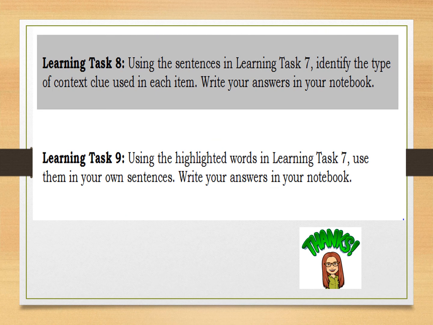Using the sentences in learning task 7, identify the type of context clue used in each item. Write your answers in your notebook. And for learning task number 9, using the highlighted words in learning task 7, use them in your own sentences. Write your answers in your notebook.